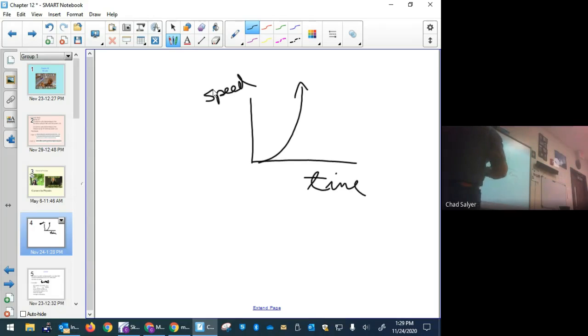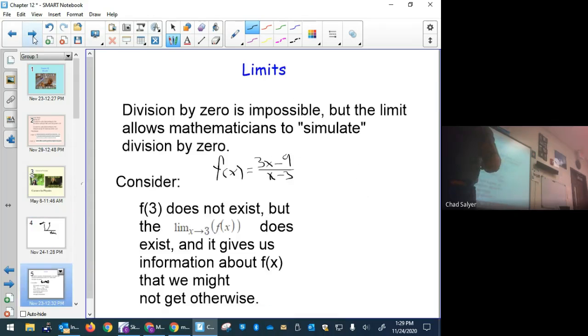And it was using the first mechanism, which is a limit. And the limit allows you to simulate division by zero. So we still can't actually divide by zero, but we can pretend to divide by zero, if you will, using the mathematical mechanism called the limit.